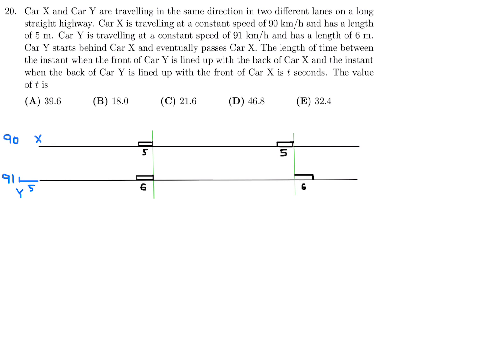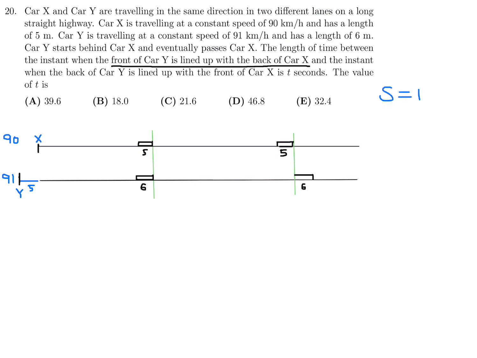So we want the length of time between the instant where the front of car Y is lined up with the back of car X, which is basically the start, so for X it would be here and for Y it would be here, and the instant where the back of car Y is lined up with the front of car X, which is this point. So we have to figure out the time it takes to go from here to here for car X, or from here to here for car Y. So here we go.